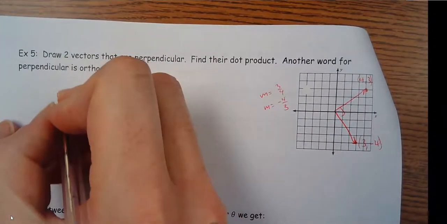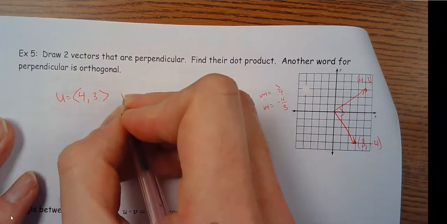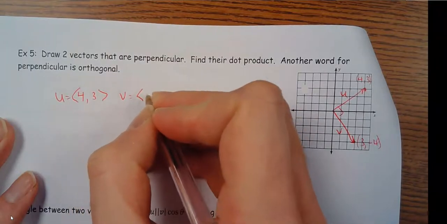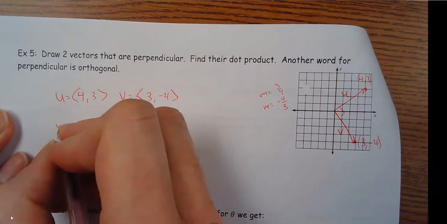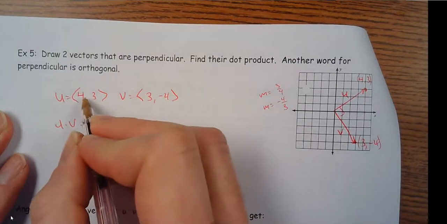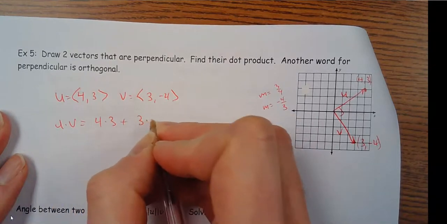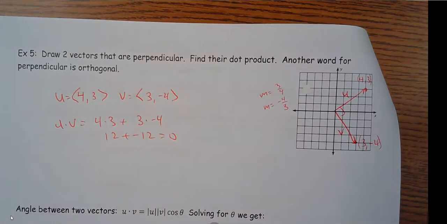So this is u, this is v, and v would be in component form 3, -4. Now I'm going to do the dot product, so u dot v would be 4 times 3 plus 3 times -4, so that's 12 plus -12 equals 0.